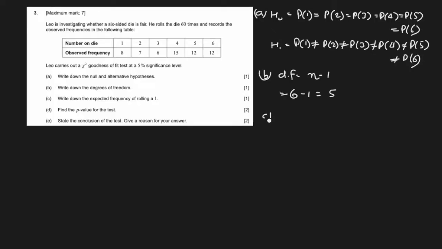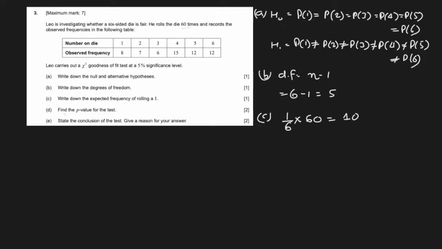C, write down the expected frequency of rolling a 1 if they are fair. The probability of 1 will be 1/6, right? And we are rolling it 60 times total. So expected value for 1 is 10. So expected frequency is 10, whereas the real one, the observed one, is 8.